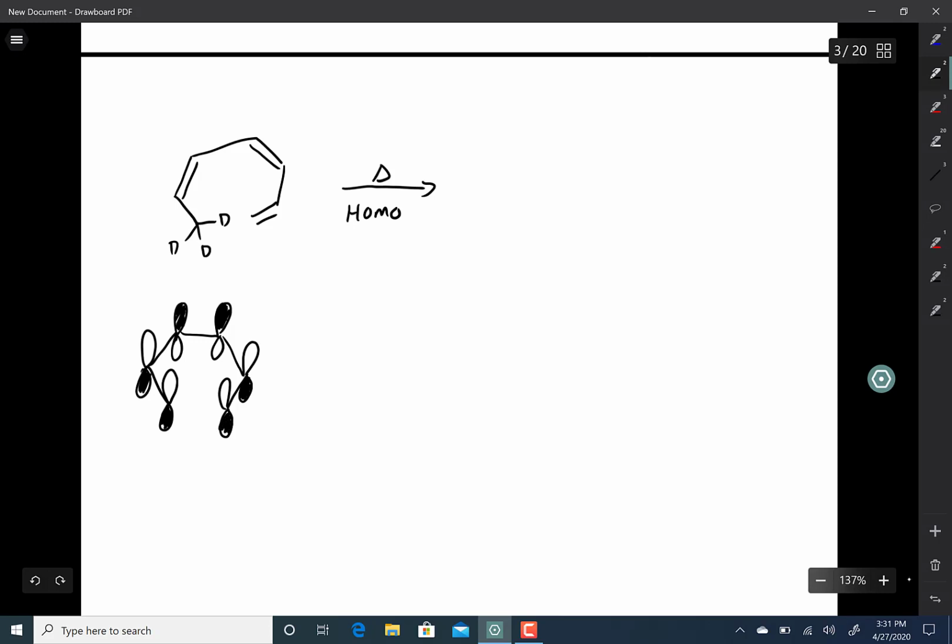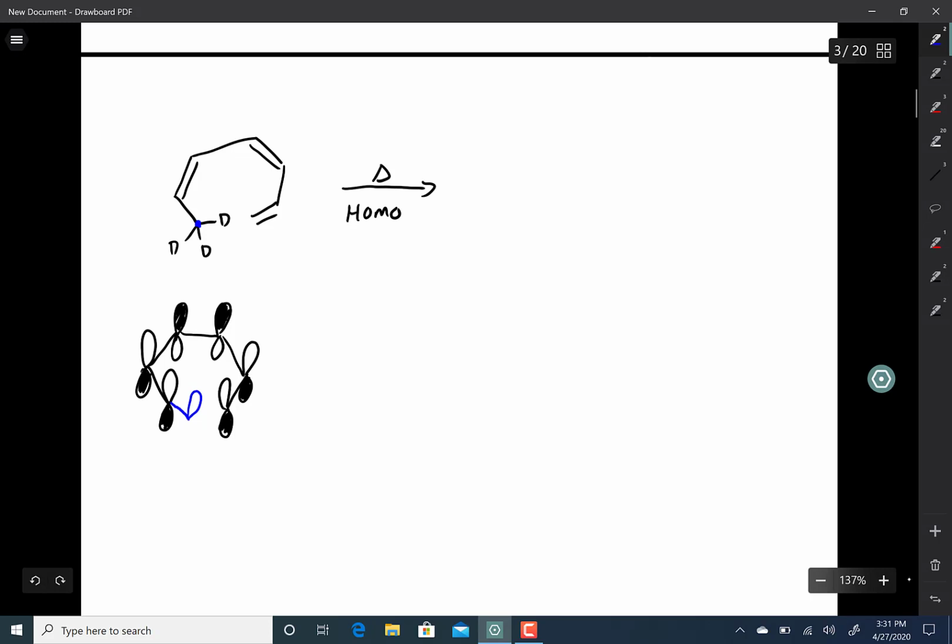Okay. Now, this is the pi system. We need to also draw in this carbon right here. And we are going to approximate this carbon as a p orbital, or an sp3 orbital if you want, like so.